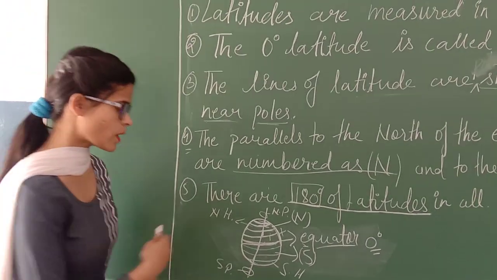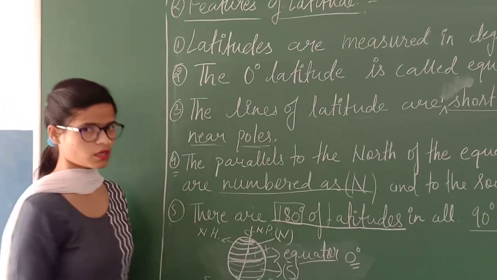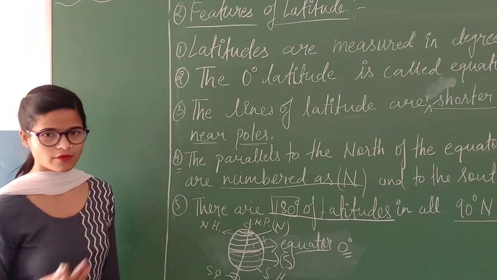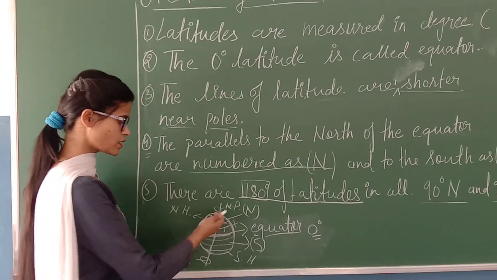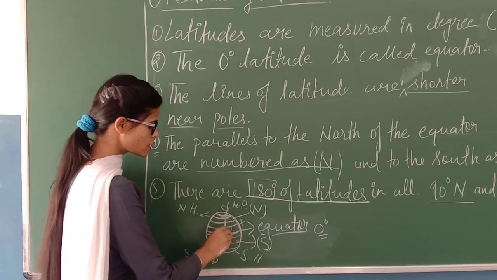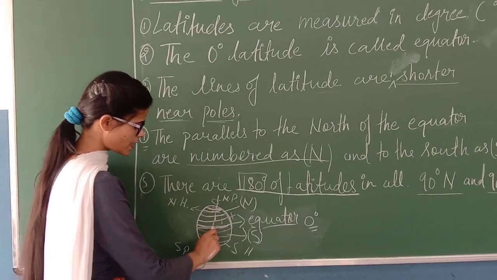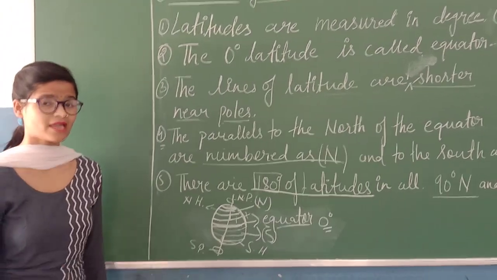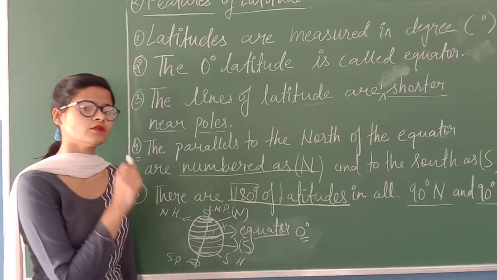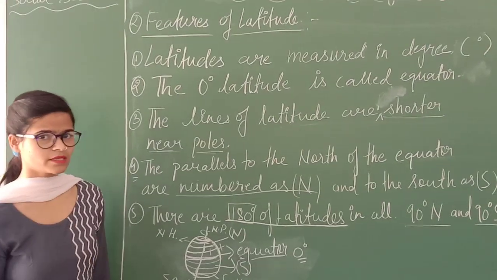So 180 degree overall earth का है, and if we see north and south, so north is 90 degree north and 90 degree south.